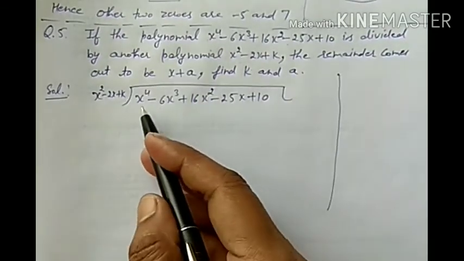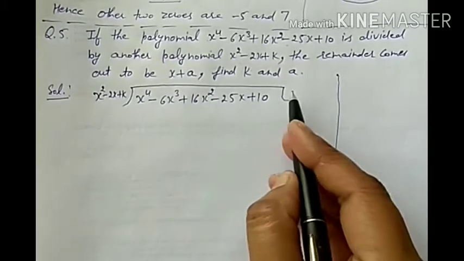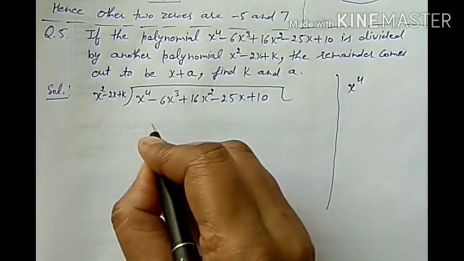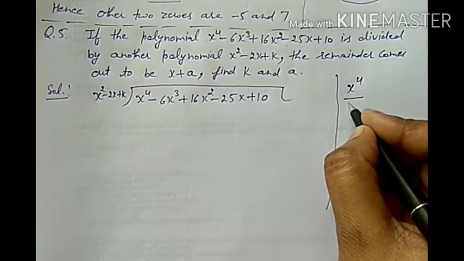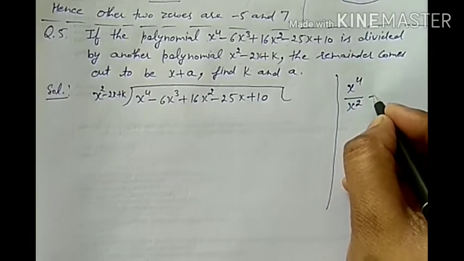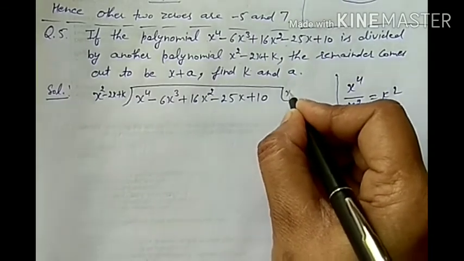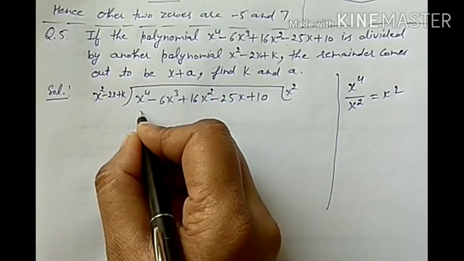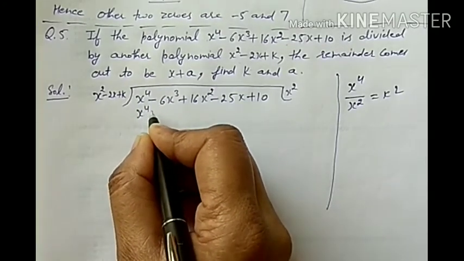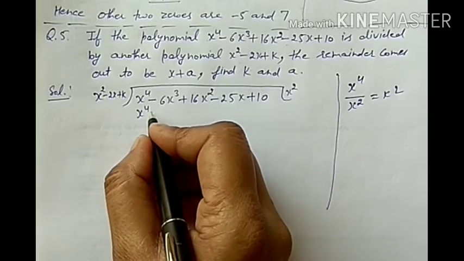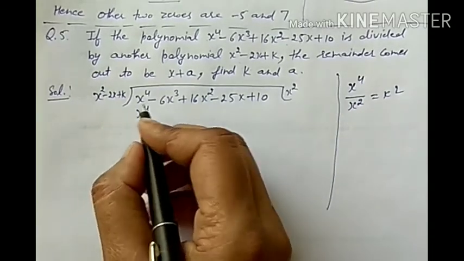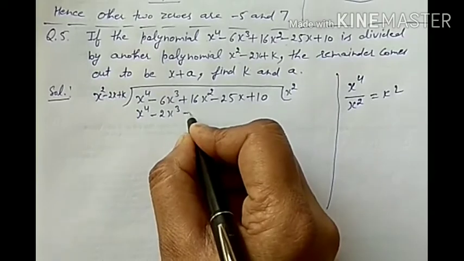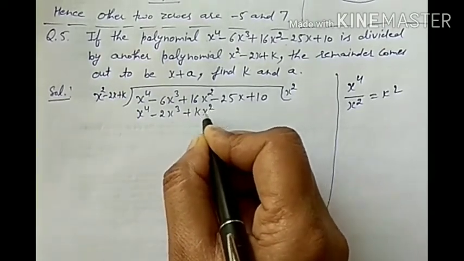So as per the method of division, we will find the first term in the quotient, and for that, the highest power term in the dividend divided by the highest power term in the divisor. So we get x square. This is our first term in the quotient. So x raised to power 4 minus 2x cube plus kx square.